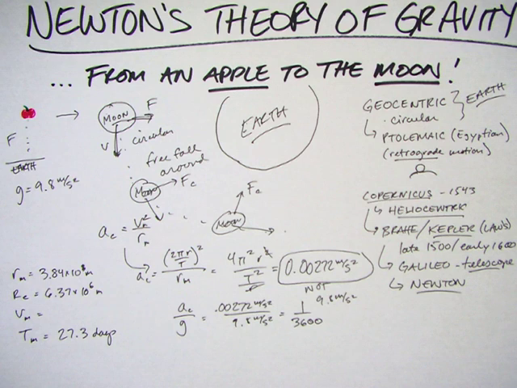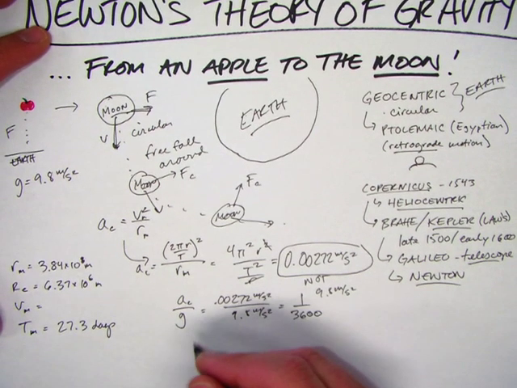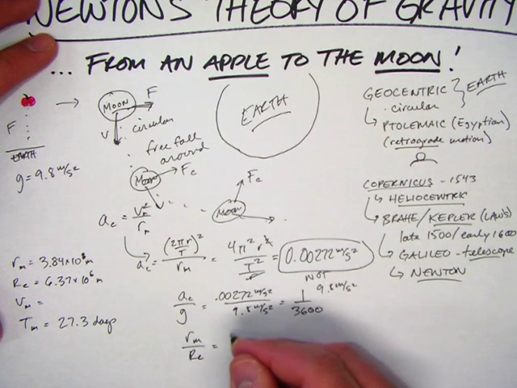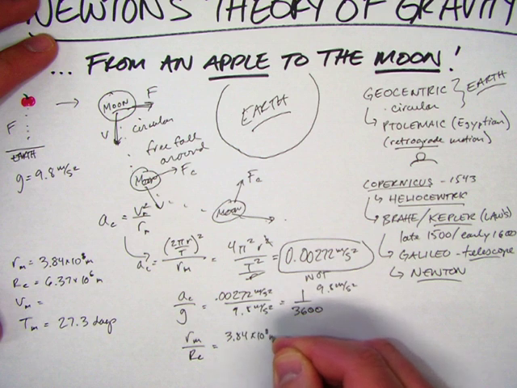Well, what he did that was fascinating from this is he then compared the radius of the moon's orbit to the radius of the Earth. This is the radius of the moon's orbit, so to the center of the moon from the center of the Earth.